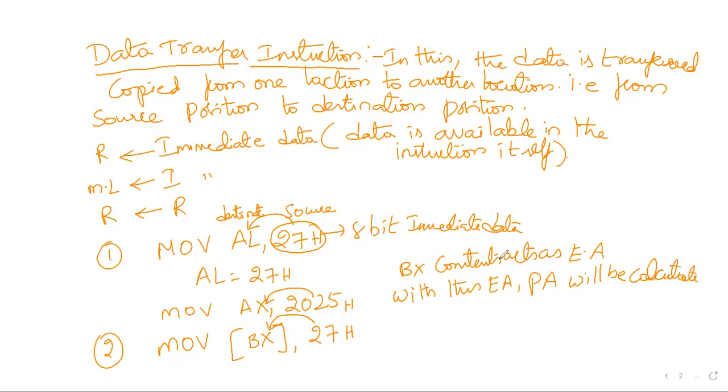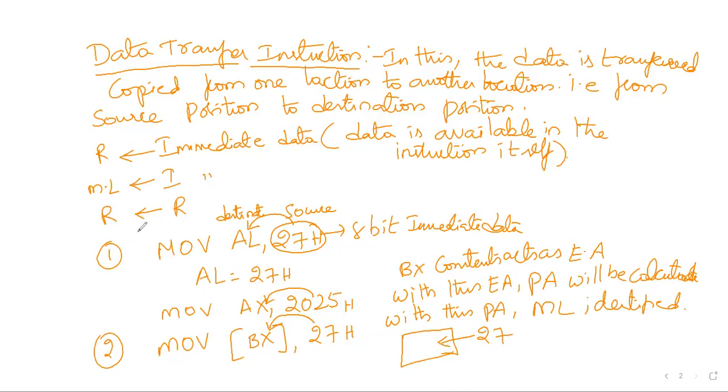With this physical address, the memory location is identified. Once the memory location is identified, the 27 immediate data is transferred to this memory location.